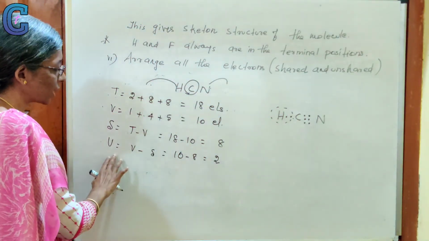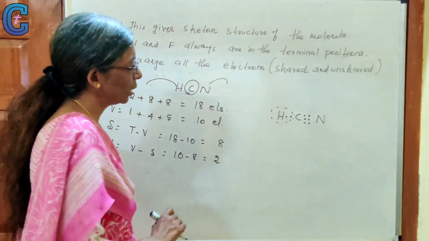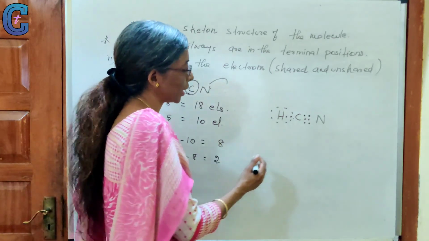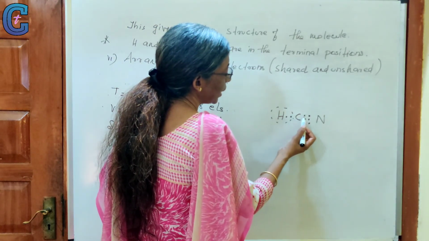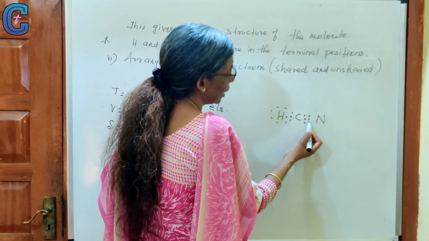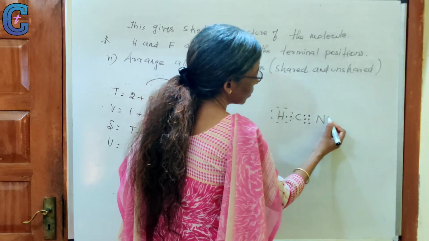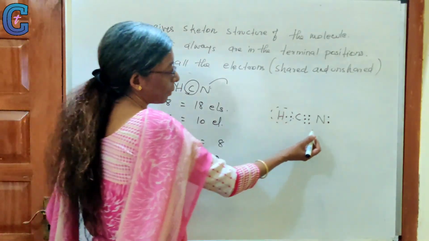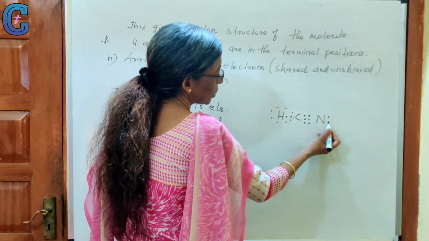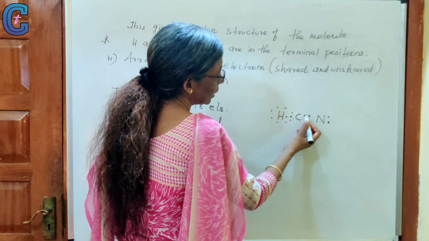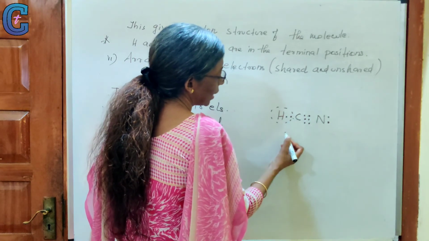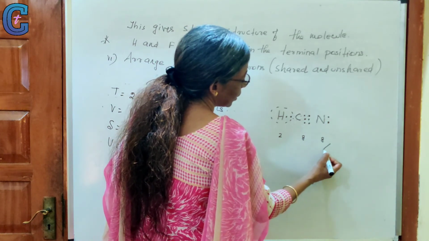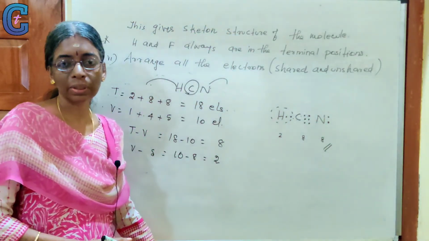Next, unshared electrons, how many are there? 2. You see, while writing you should see whether it is completing the octet or duplet configuration. So here 1 3 for nitrogen, 6, so remaining unshared electrons 2. You see, unshared electrons we are representing here. So for carbon 6 plus 2, 8. For hydrogen 2. For nitrogen this also completed 8. I think you understood this concept.